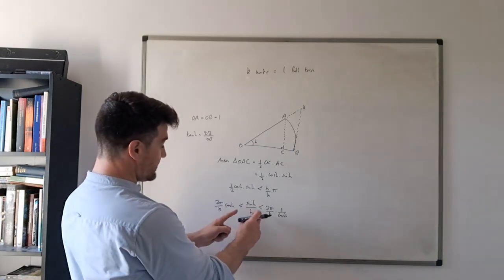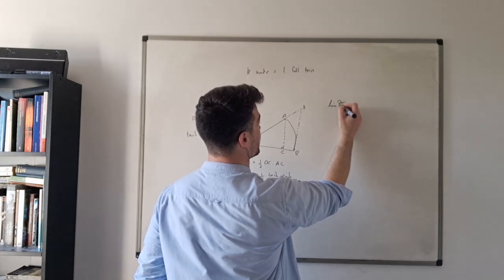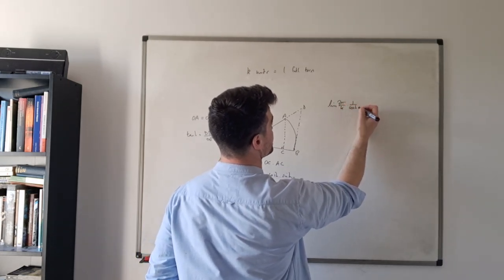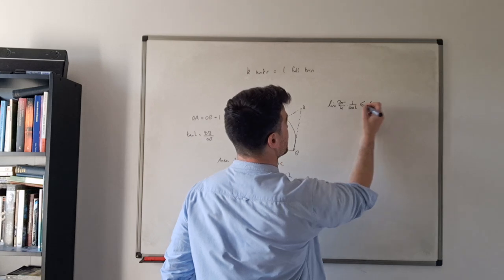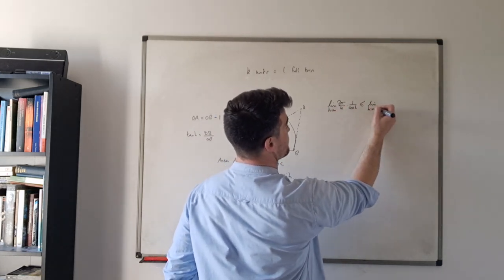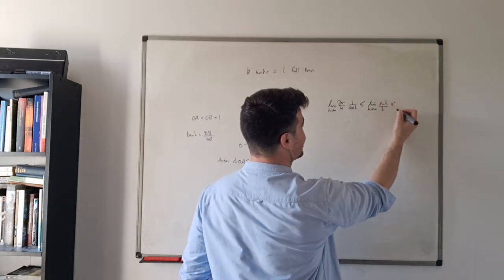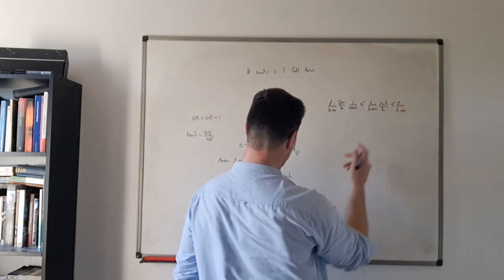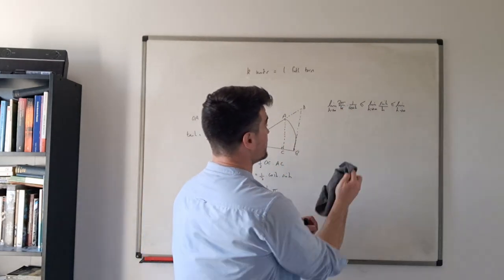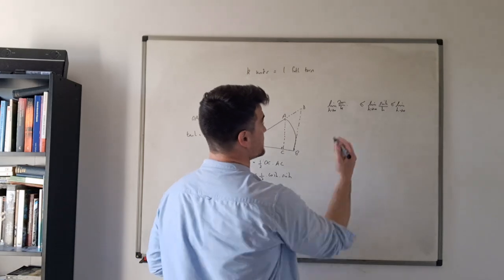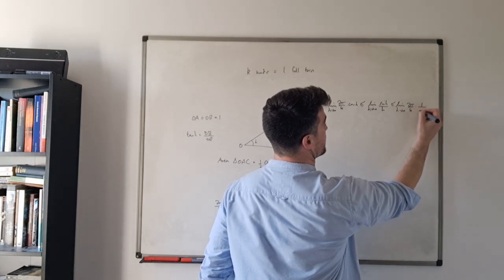Okay, so if this is smaller than this, is smaller than this, then the limit as h approaches 0 of 2 pi over k times cos h is less than or equal to the limit as h approaches 0 of sine h over h, which again is less than or equal to the limit as h approaches 0 of 2 pi over k times 1 over cos h. Sorry, that should have been cos h on the left, and 1 over cos h on the right.